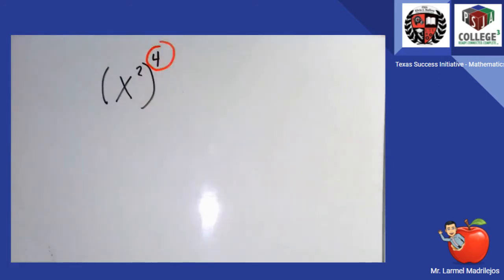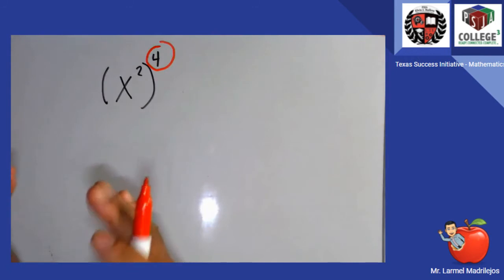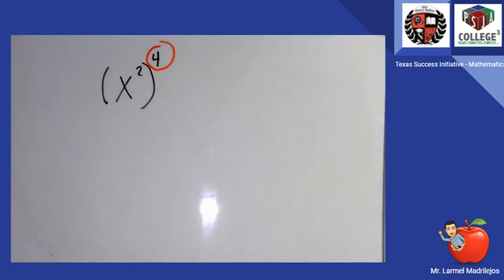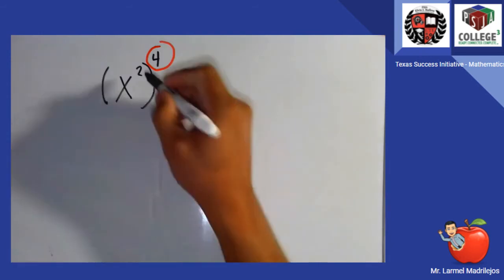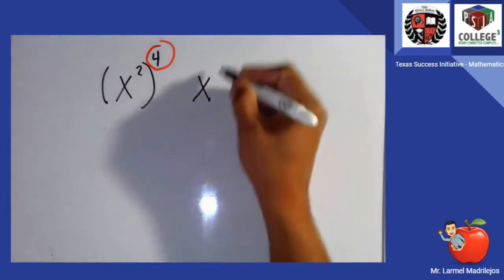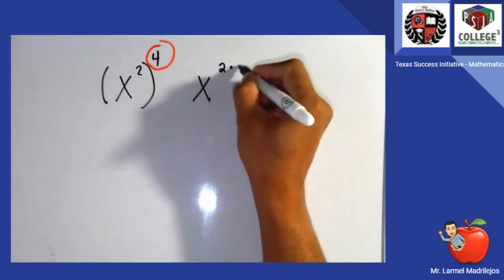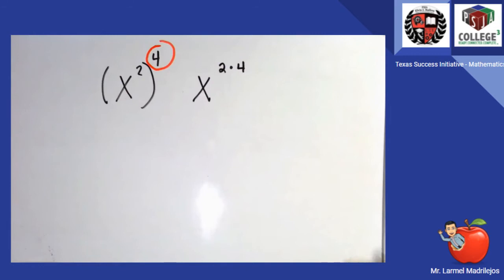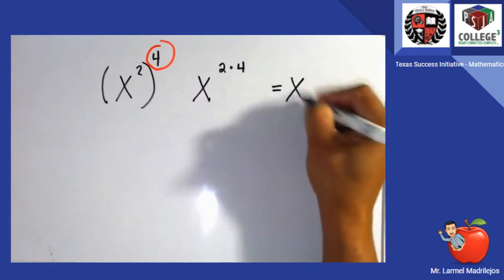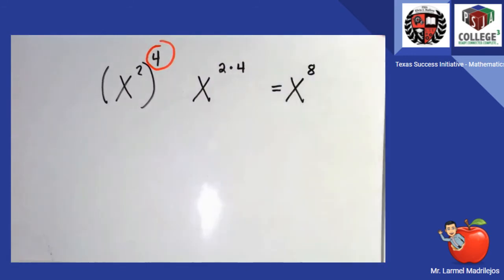It's a group of variables raised to an exponent. So this time, in the power rule, we multiply both exponents. It's going to be x to the 2 times 4. It's going to be x raised to 8.